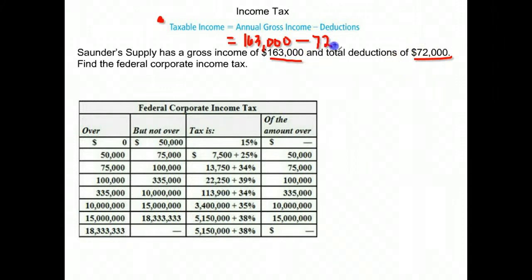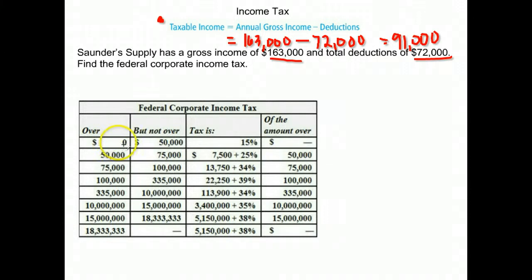It said the deductions were $72,000. So we'll take 163,000 minus 72,000, and it gives us taxable income of $91,000.